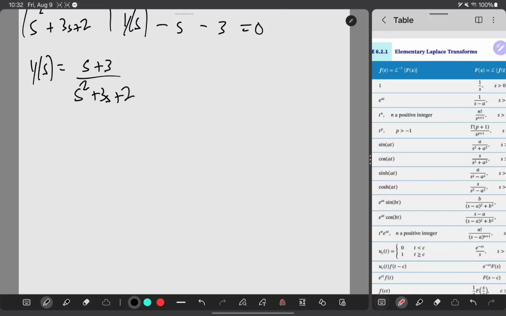This is just like the same thing, except instead of using f of s and f of t, we're using, sorry, this should be a capital Y of s and a lowercase y of t. That's the only difference. So we found our Y of s.